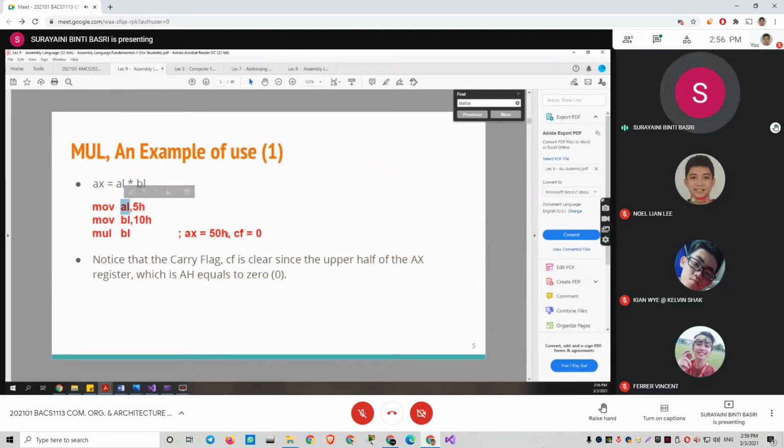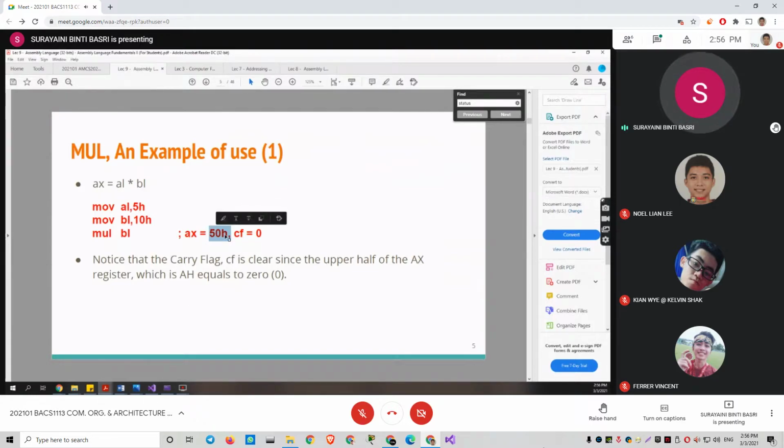The result of this is 50 hexadecimal, because your AL is 5 and your BL is 10. When you put 50 hexadecimal, it is actually only 8 bits.